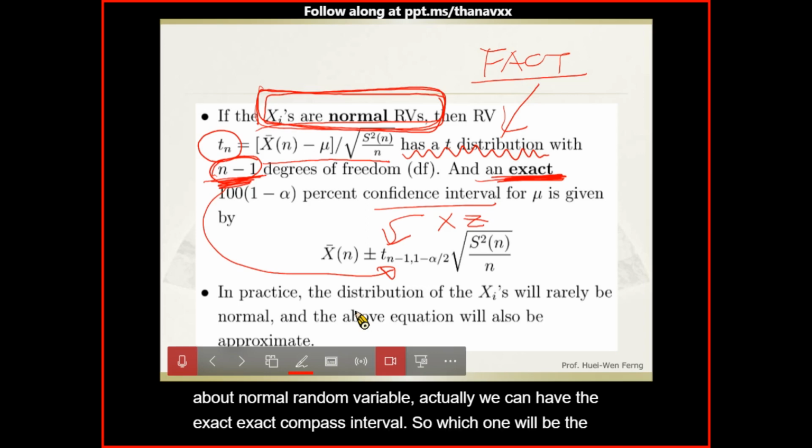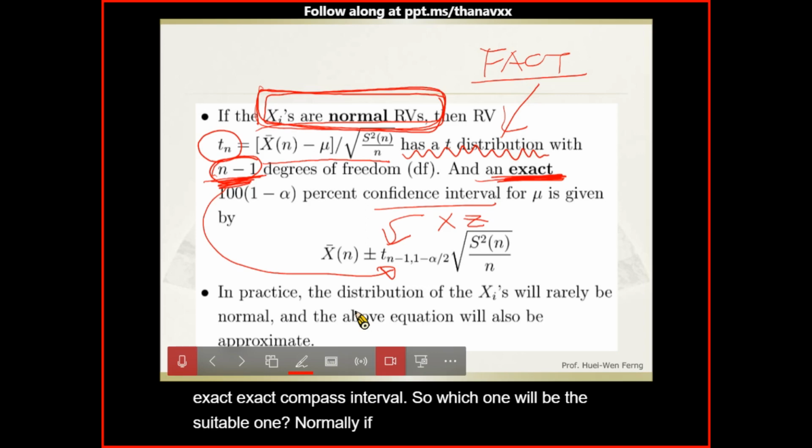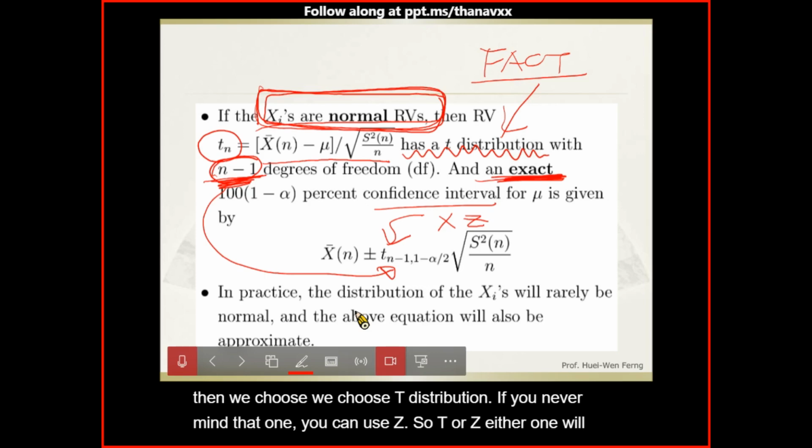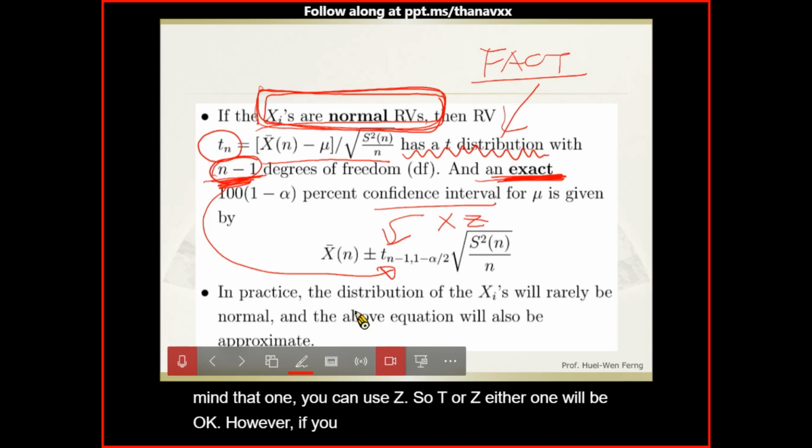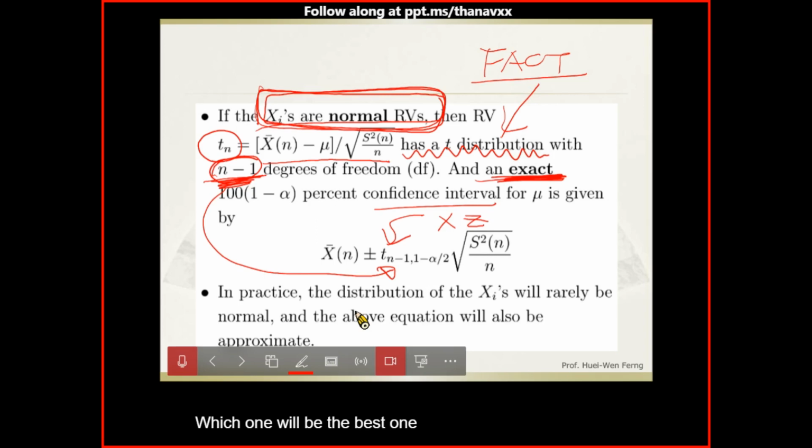Normally, if we can apply the T distribution, then we choose the T distribution. If not, never mind, you can use Z. So T or Z, either one will be okay. However, if you ask me which one will be the best, I ask you to use T. Is it okay? Why? Because of exactness. Even though finally it is still an approximate solution, T will be the better one.